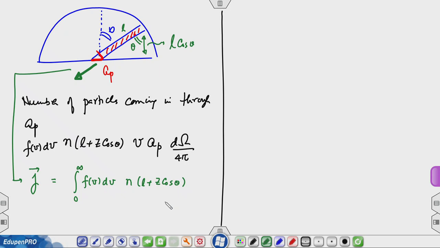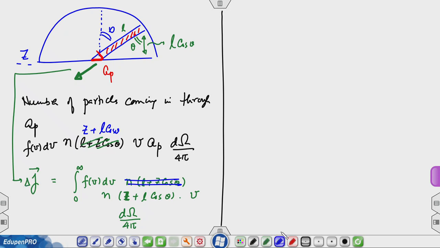Oh, sorry, I'm writing it the other way. It should be n(z plus L cosine of theta) times v. I have divided by A_P, d omega divided by 4 pi. That's the J coming in. Let's write it as delta J.